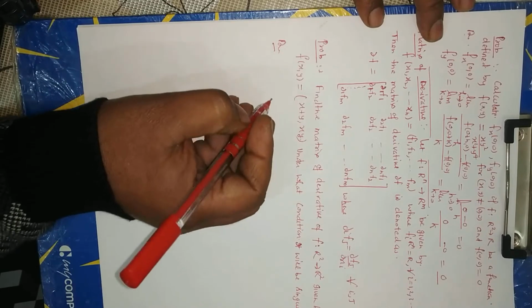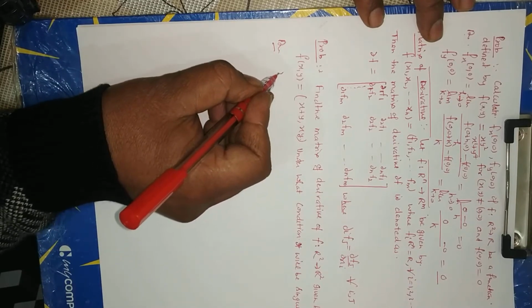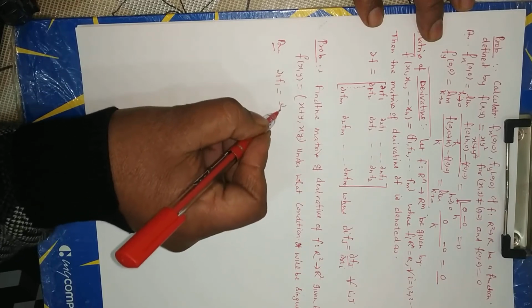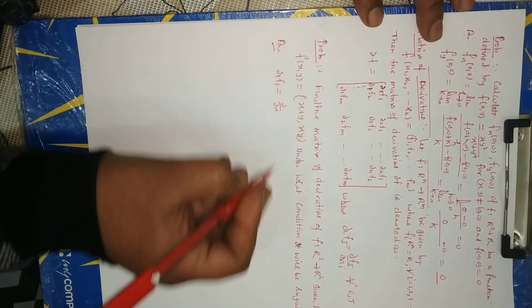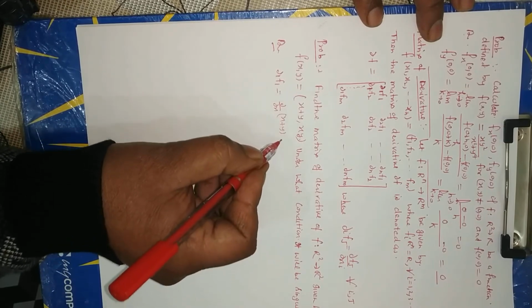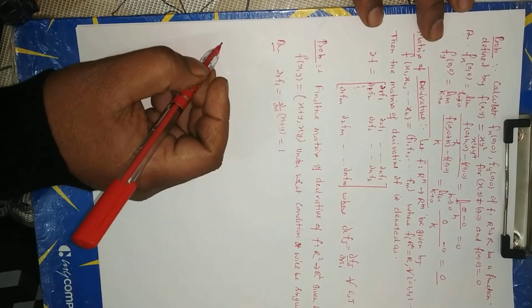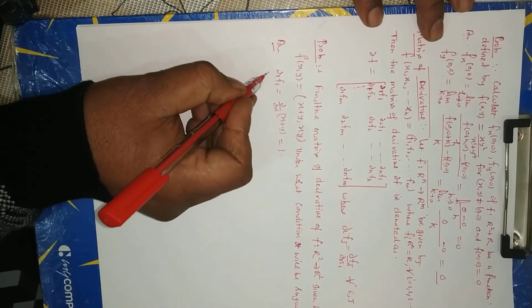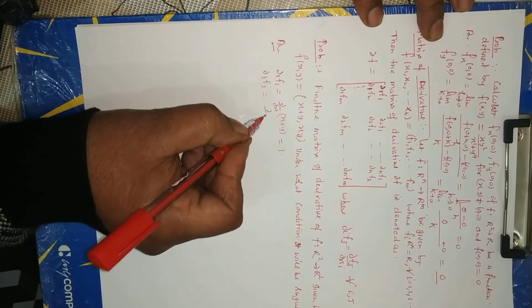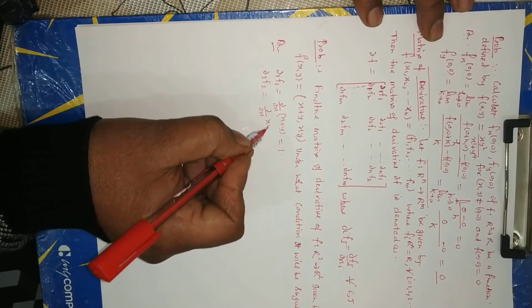Now first we calculate del1 f1. This is equal to del upon del x of f1, which is x plus y. Therefore differentiating with respect to x, we get 1. Now del1 f2 is equal to del upon del x of xy.